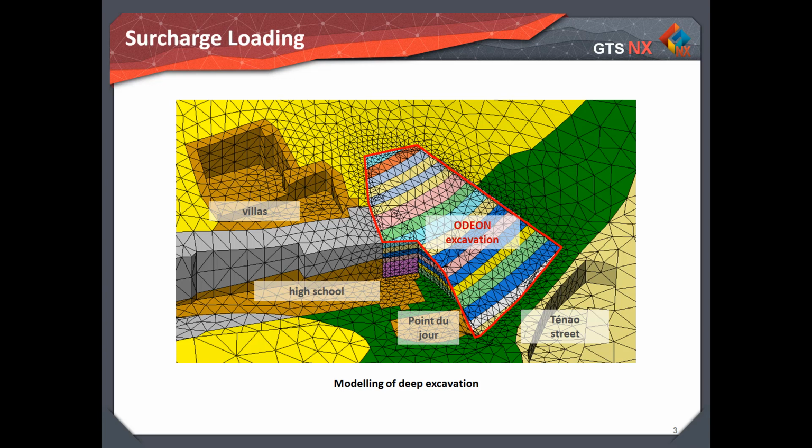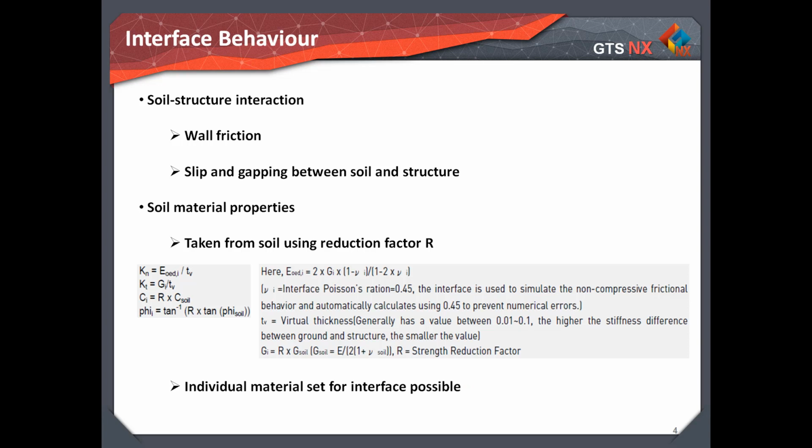There is no doubt that the building stiffness alters the pattern of retaining wall and ground movement over the greenfield situation. In any soil-structure interaction situation, relative movement of the structure with respect to the soil can occur.